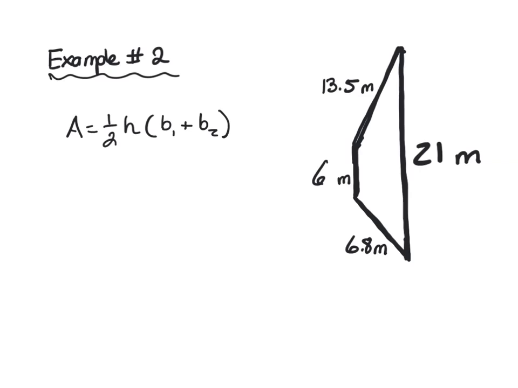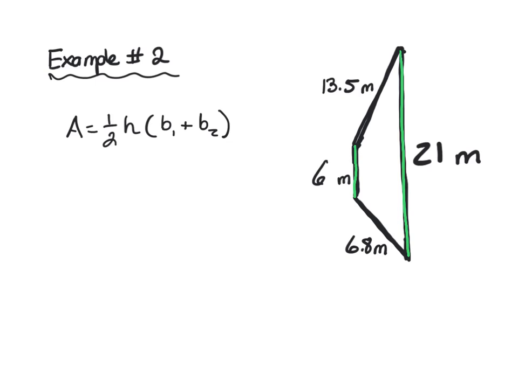Now I will tell you one is missing, right? And so if we're looking at this particular trapezoid, we have our 2 parallel sides. You can see one parallel side here, and the other parallel side here. And so those parallel sides represent our bases.